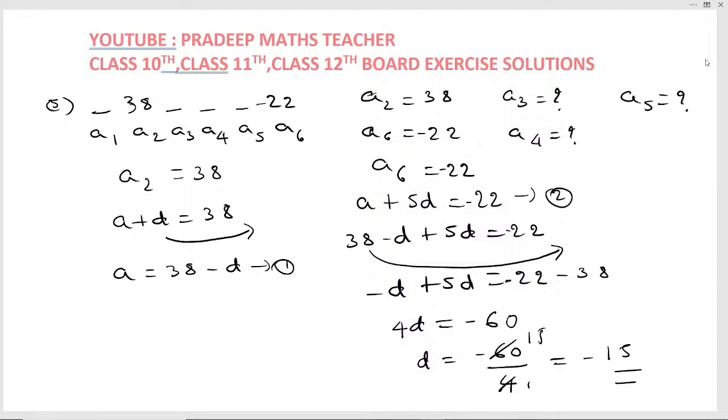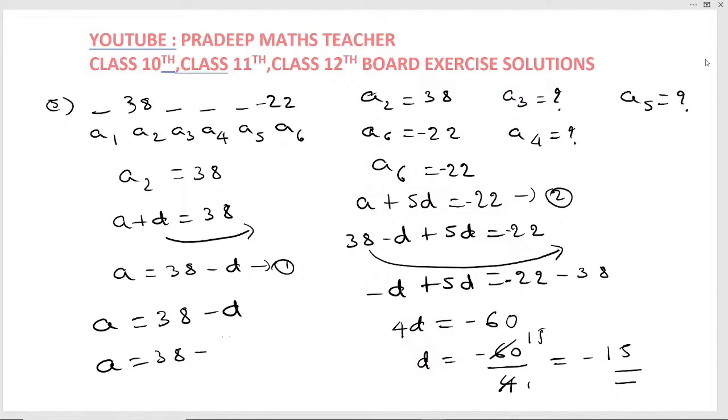Clear? So now you got the common difference, and just apply this common difference value in the place of D in equation number 1. So I'll write the first equation again: a equals 38 minus d. Now whatever value you got for d, the common difference, just apply it here.